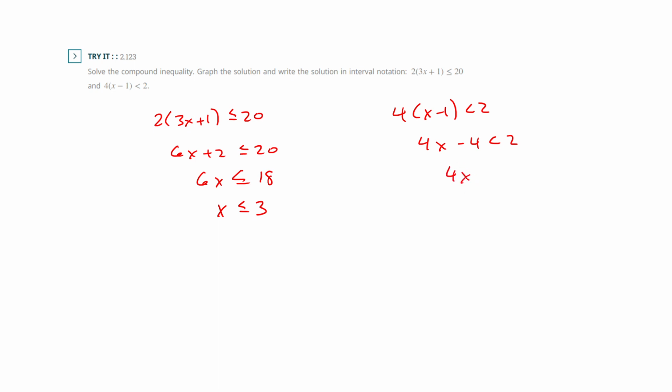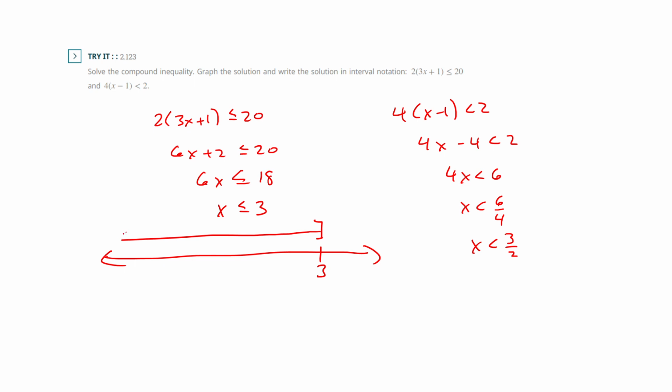Over here, I'm going to reduce that down to 3/2. Okay, so here's my first one. I want to be equal to 3 or less. And over here, 3/2 would be somewhere about here. That's 1.5. Whoops, I should do it like this.